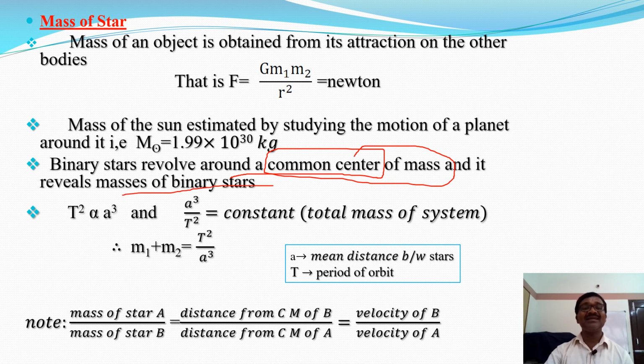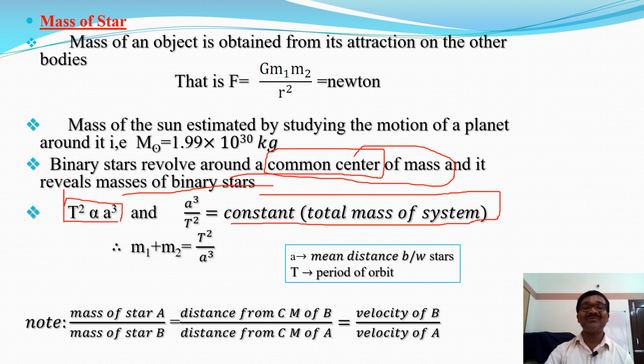Very important. To measure the masses of binary stars, we use Kepler's third law. The square of the period of the orbit around the binary center of mass is equal to the cube of the semi-major axis, and the ratio of these two is a constant.